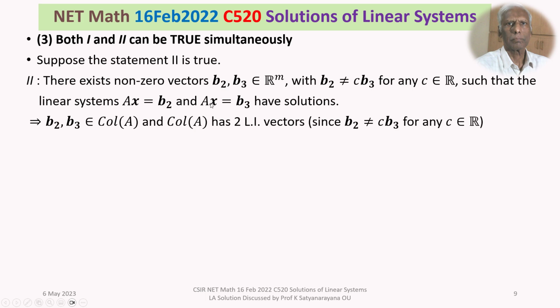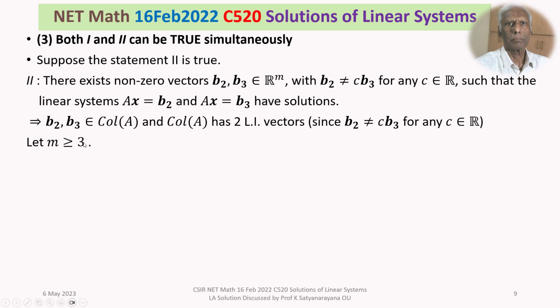Now recall the earlier theorem. Then it will say b2, b3 belongs to column space of A. Because b2, b3 are linearly independent, column space of A has two linearly independent vectors. Agreed. So when 2 is true, this is the situation.